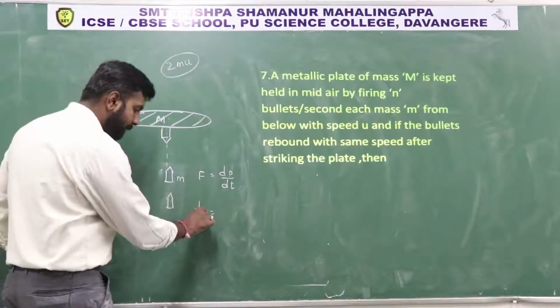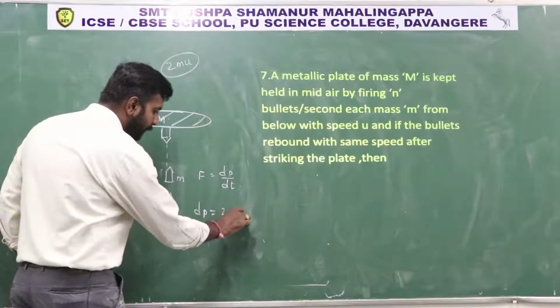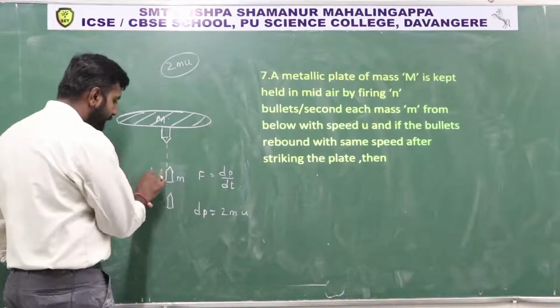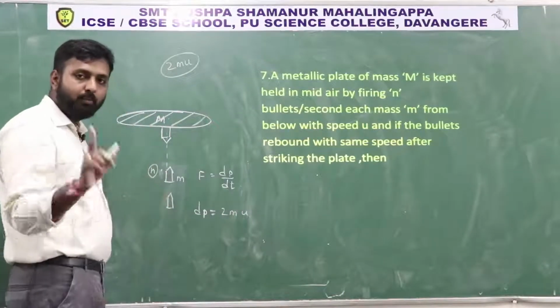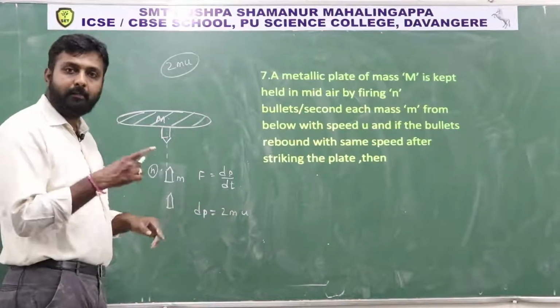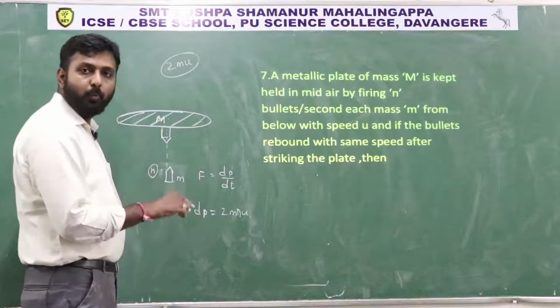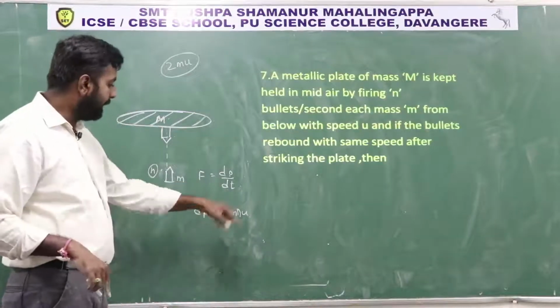So the change in momentum is 2mu, but how many bullets are there? n bullets. For one bullet the change in momentum is 2mu. For n bullets, the change in momentum becomes 2mu into n, or 2mnu.